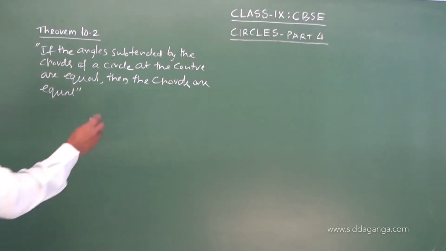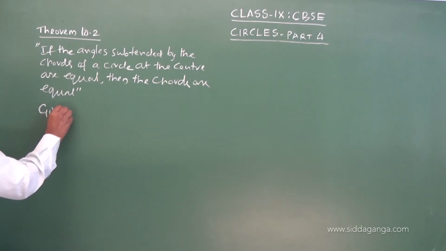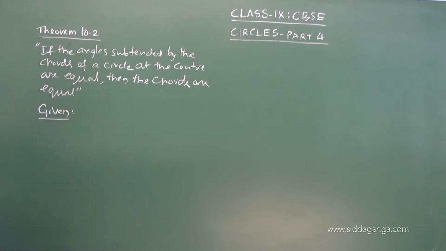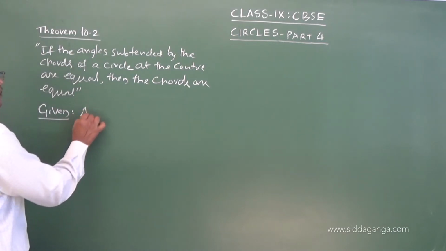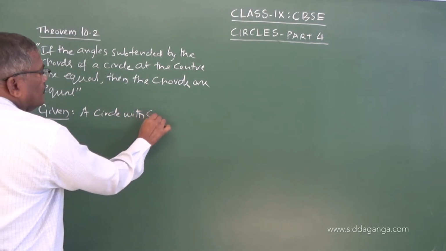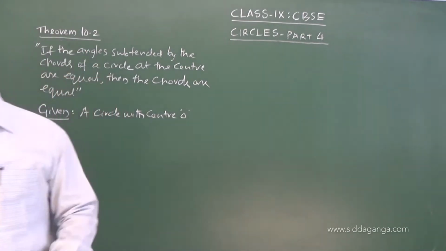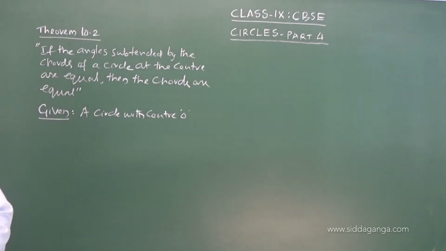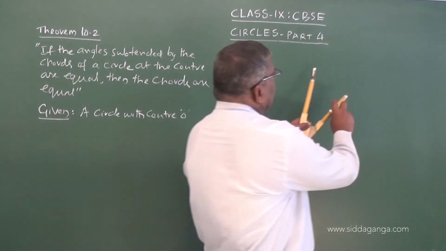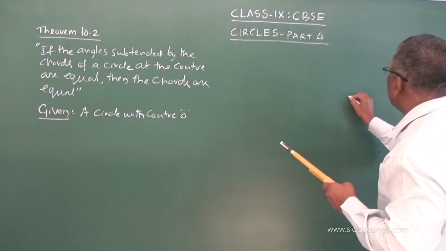Here, what is the given data? Given: a circle with center O. Now we shall draw the circle. I will draw a circle here.